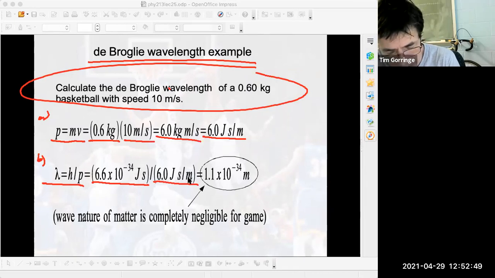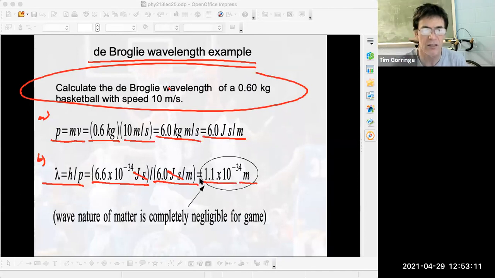That's why I wrote it in those units, because then you can see clearly that the joule seconds in the numerator and the denominator cancel out. And we're going to get units of meters for our answer, which is the units of wavelength. Numerically, I have 6.6 times 10 to the minus 34 over 6. That's actually just, I can do that in my head, 1.1 times 10 to the minus 34 meters.